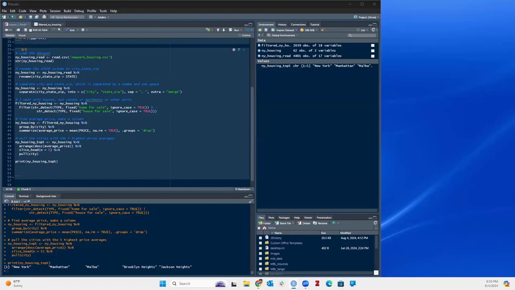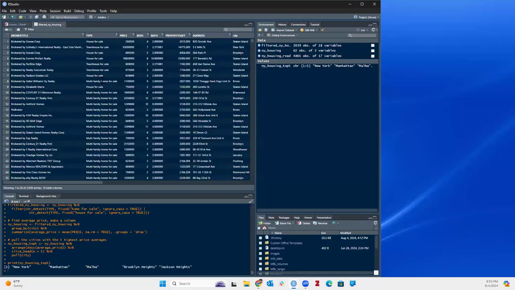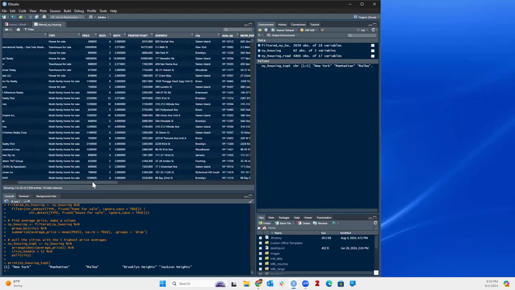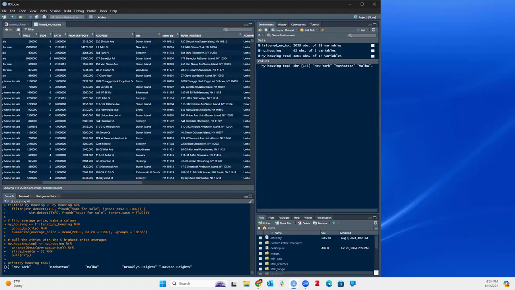Now, another thing you're going to have to do before you make a correlation matrix, and let's go ahead and make a new markdown. One thing you have to do when you make a matrix is ensure that the entire data frame is only numeric. You can't make a correlation matrix with things that are characters, like type and address.